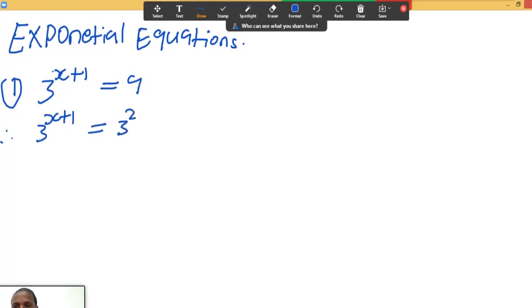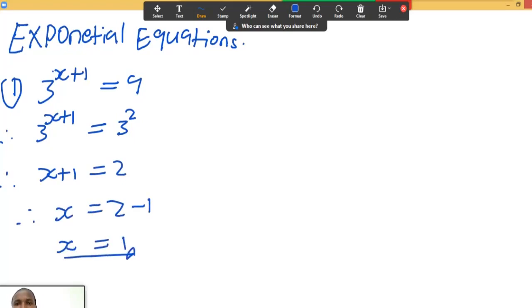When bases are the same, we can equate the exponents. Therefore, x plus 1 is equal to 2, so x is 2 minus 1, hence x is equal to 1. That was our first example.